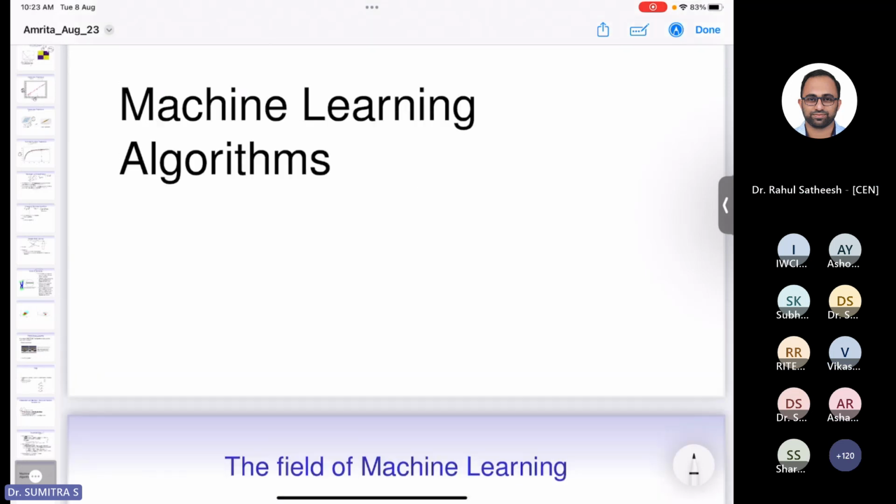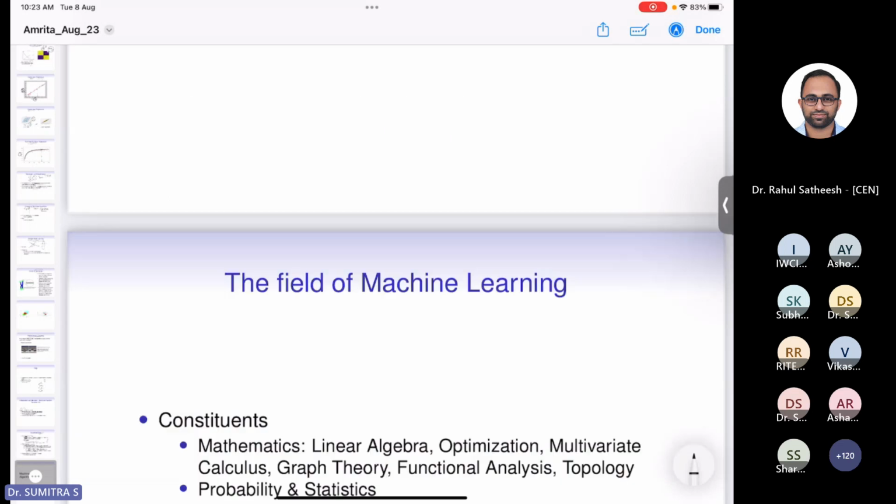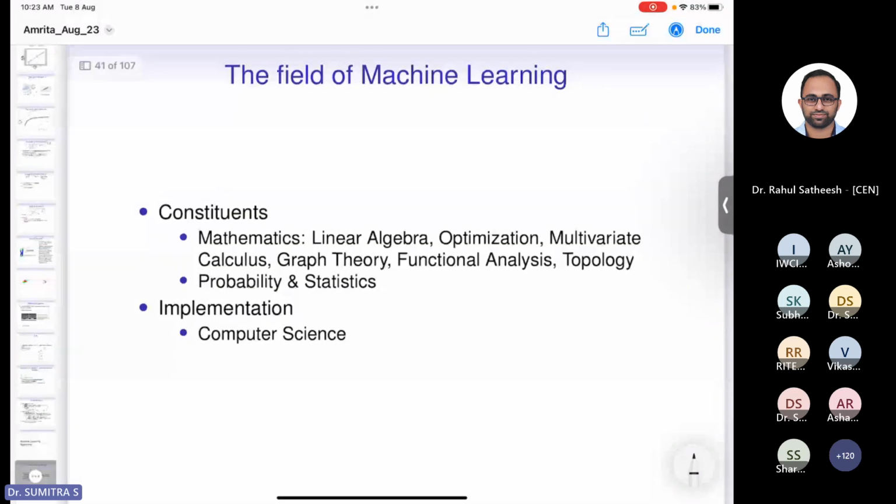We will see a very few basic machine learning algorithms. But actually, if you look at the field of machine learning, it involves a lot of mathematics and statistics. From mathematics, it makes use of linear algebra, optimization, multivariate calculus, graph theory.